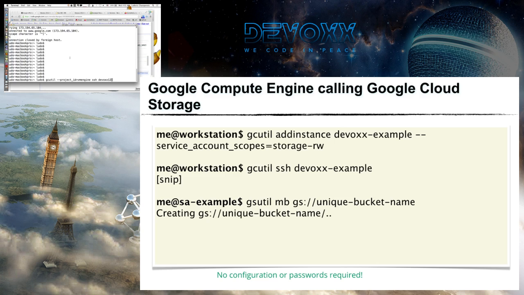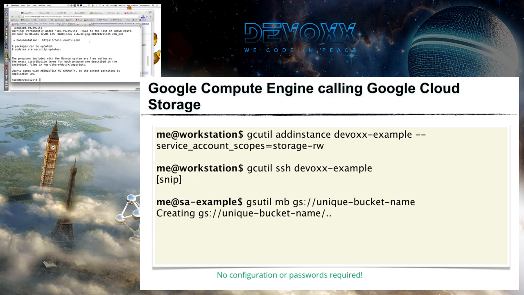So gcutil, the project name, which is vmengine, and then SSH devox 12. So project ID is already deprecated, so we are still evolving the APIs. And bang, so I am on Linux. No password. You know? No password.